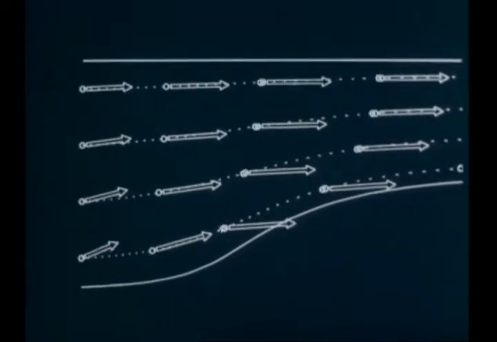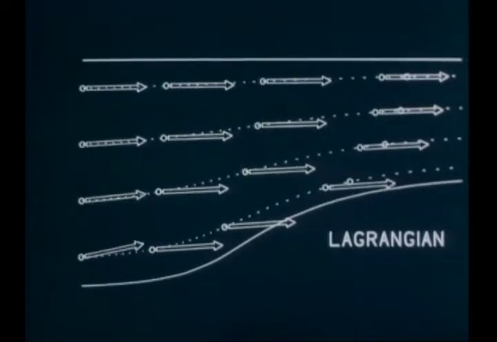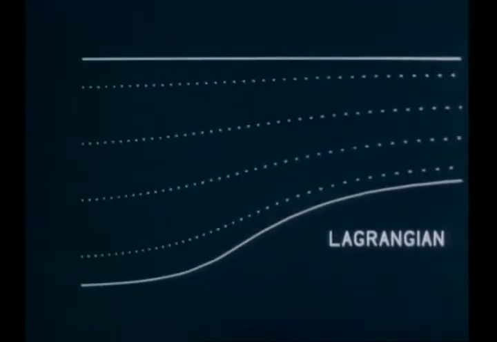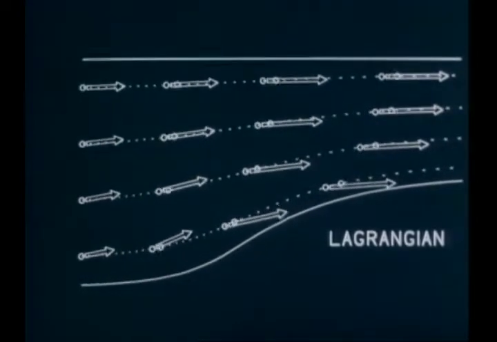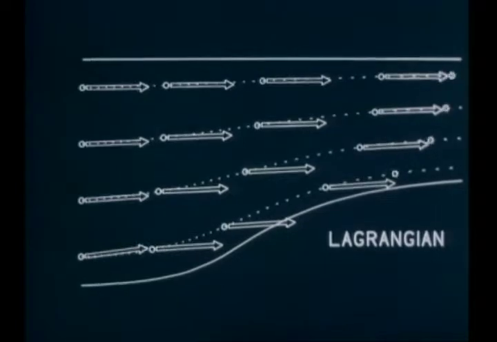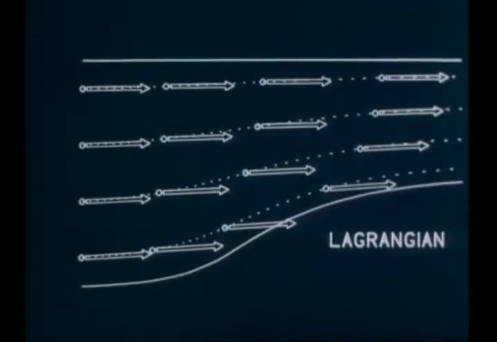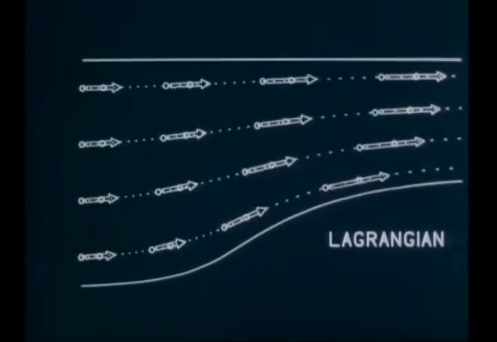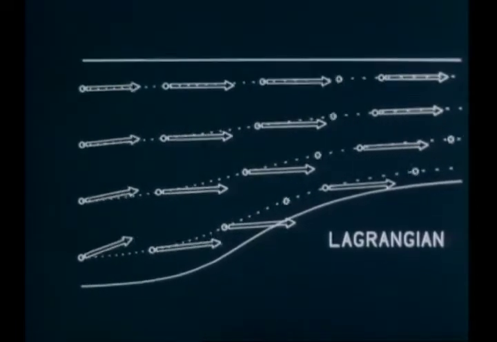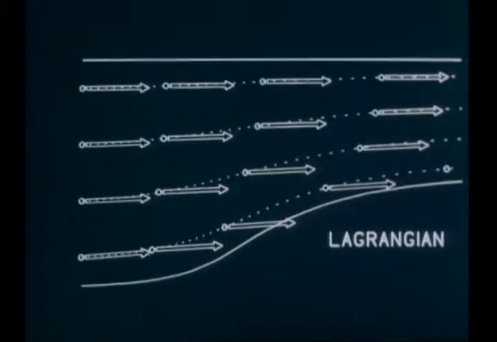This description in terms of material points is called a Lagrangian description of the flow. Such coordinates are called Lagrangian or sometimes material coordinates. From the Lagrangian velocity field, we can easily calculate the Lagrangian displacement and acceleration field.